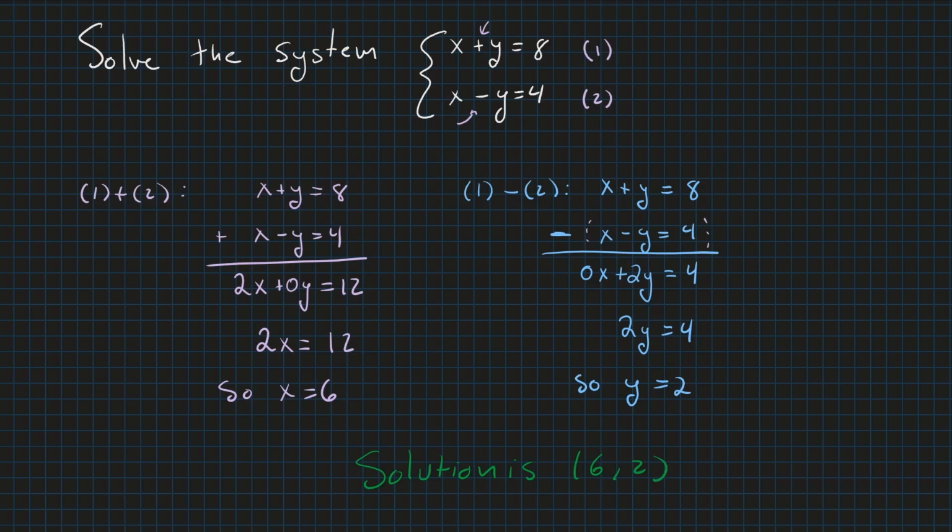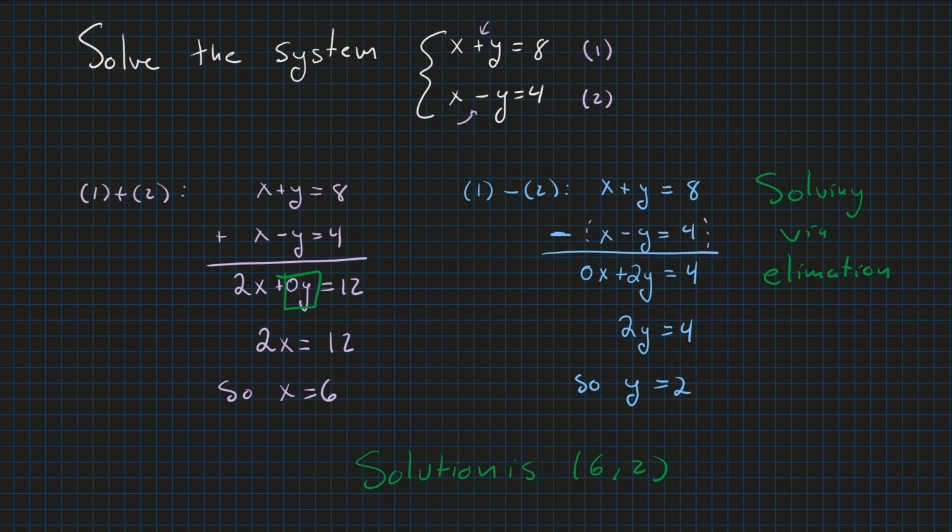Now, this is called solving via elimination. So why is it called elimination? Well, if you want to look at this, we eliminated the y in that first equation. We added them because we noticed that the coefficients of the y add to 0.